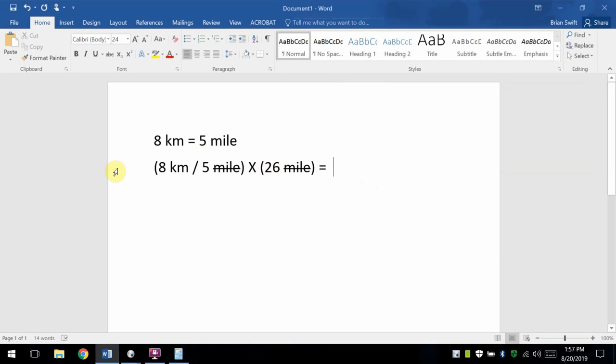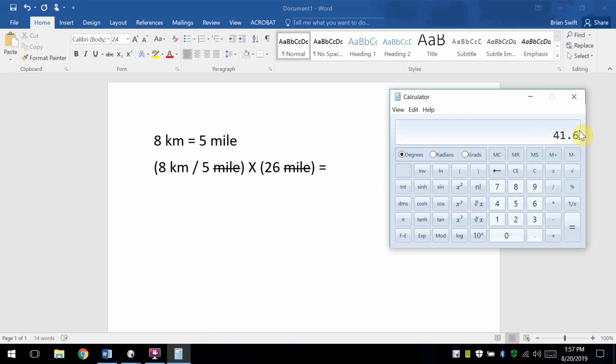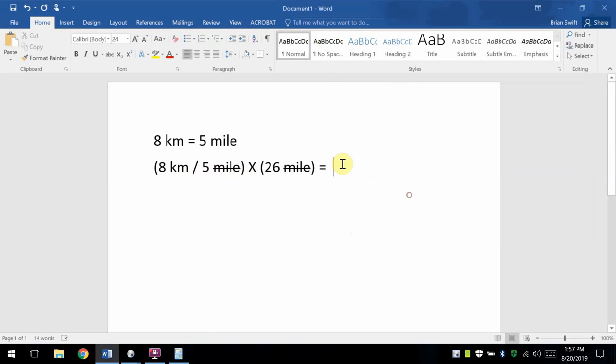Now, these are integers, the 8 and the 5, and the 26 is only two significant figures. Therefore, the answer should be rounded to two significant figures, so it's greater than 0.5, so the 6 will convert that 1 to a 2, so it's 42 miles.